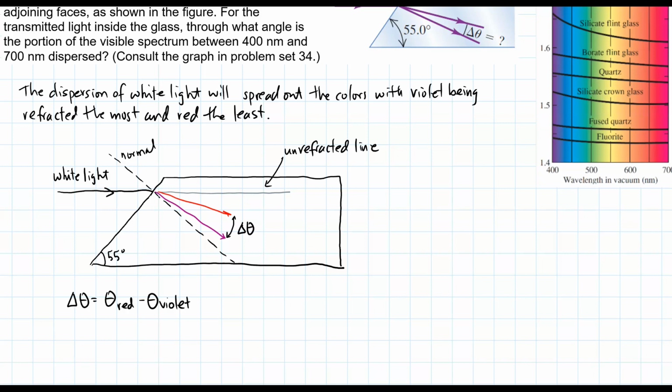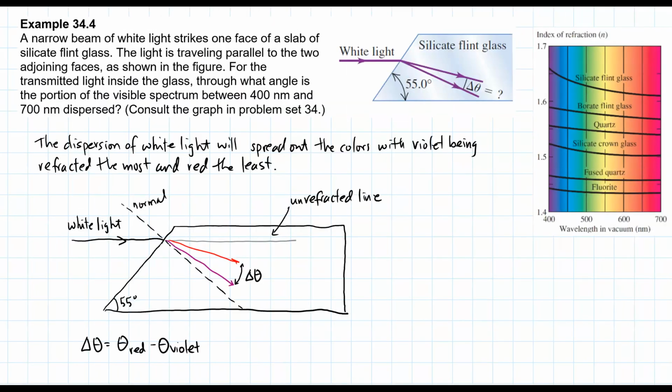delta theta equals theta of red minus theta of violet, since red has a bigger angle relative to the normal. Using the image to the right, we need to determine the index of refraction for violet and red light. We can see here that at 400 nanometers for silicate flint glass, the index of refraction is right here.